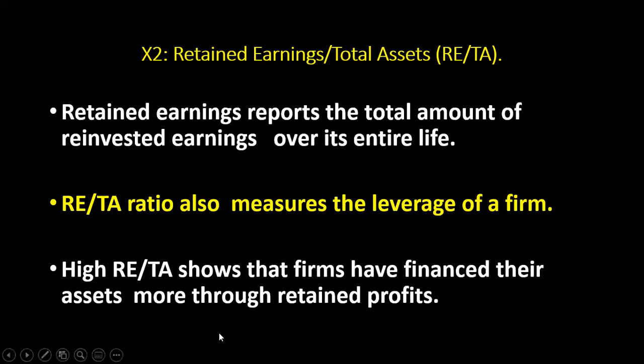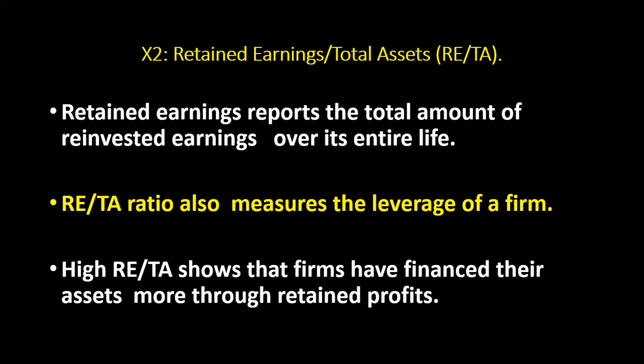The second ratio is retained earnings. X2 is retained earnings by total assets. Retained earnings show the total amount of reinvested earnings, reinvested profit. Profit can be distributed among the shareholders, or profit can be retained by the company for financing its assets.